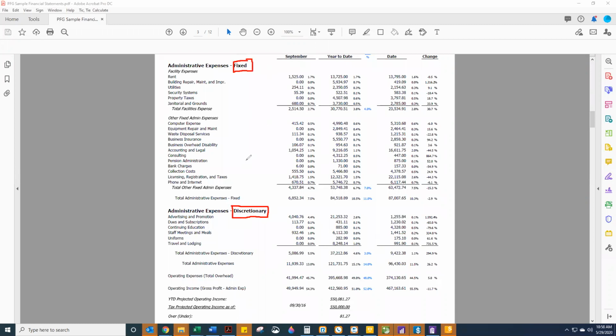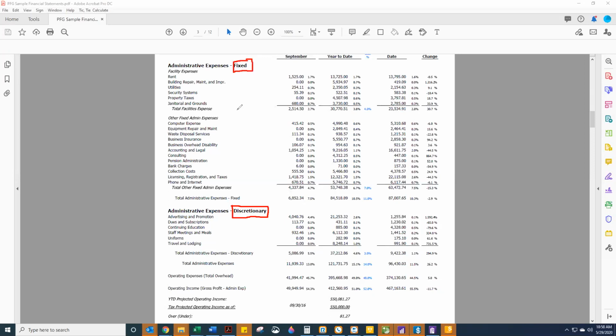Here's how we identify which costs go in either one of these buckets. The fixed administrative expenses, think of these as the set them and forget them expenses. We want you to set all of these expenses up on auto pay to come out of your bank account or your credit card every single month.